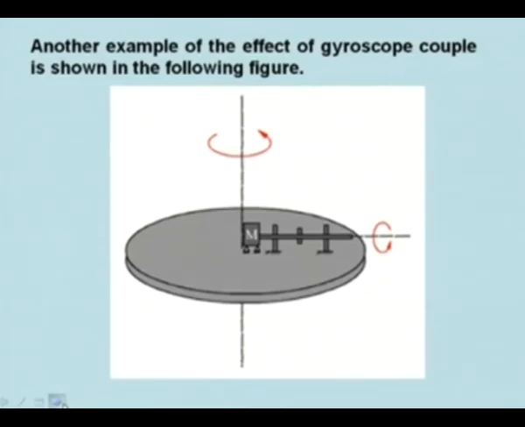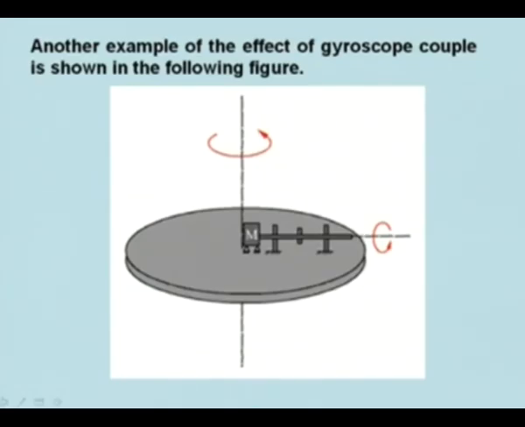Another example of the effect of gyroscopic couple is shown in the following figure. This is the figure, and this is the axis. This is a motor, rotating about that axis.